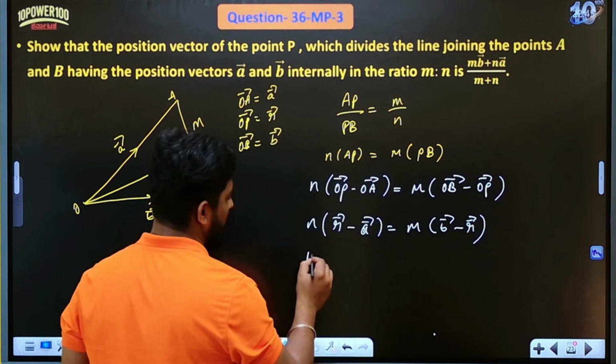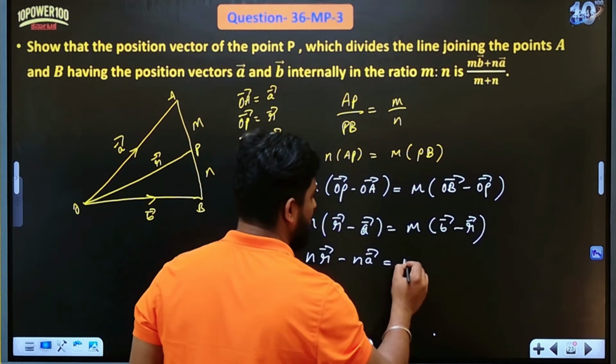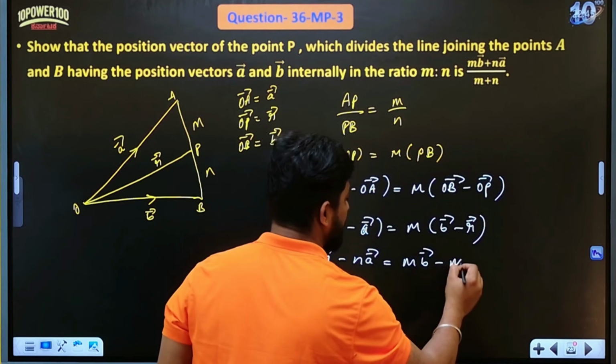Cross multiplying, n into R minus nA is equal to mB minus m into R.